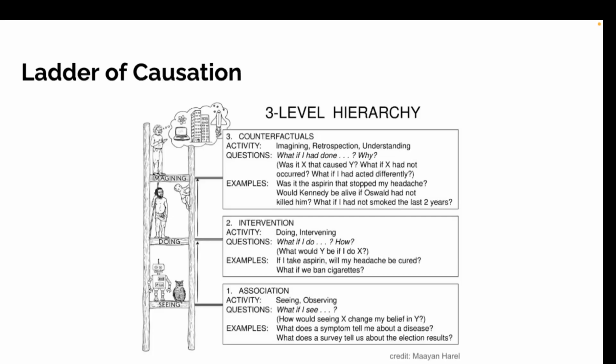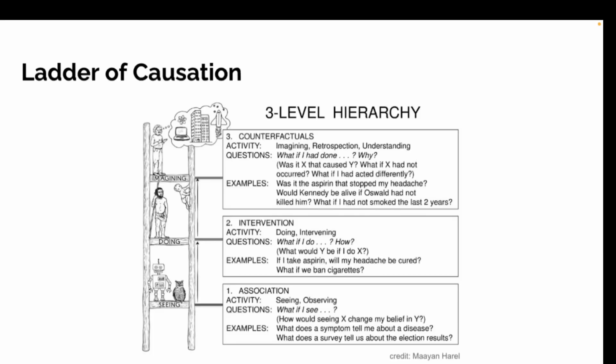And the hardest part is the third one, which is called counterfactual, because it's about imagining some alternative scenario or some hypothetical world, and you want to estimate what would have happened in that world without any intervention.